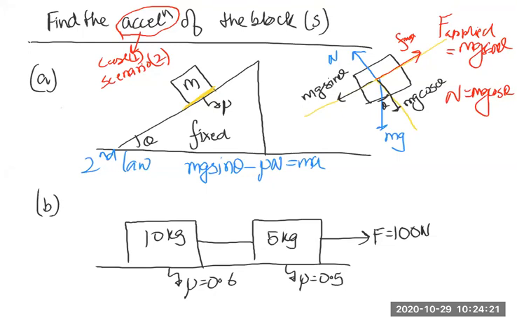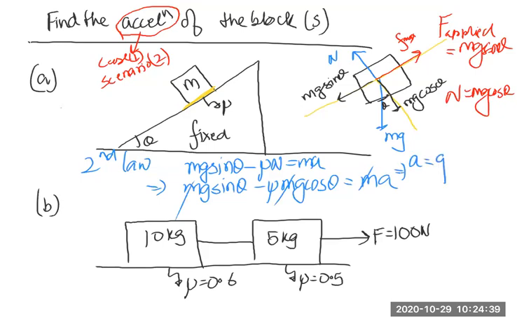So this implies that we get mg sine theta minus mu mg cosine theta is equal to ma. This implies that a is equal to g sine theta minus mu g cosine theta. As much as I hate to say it, but you must remember this.